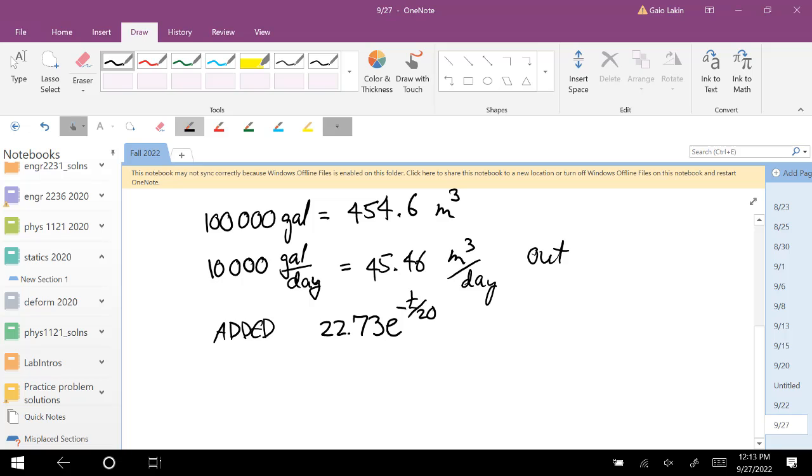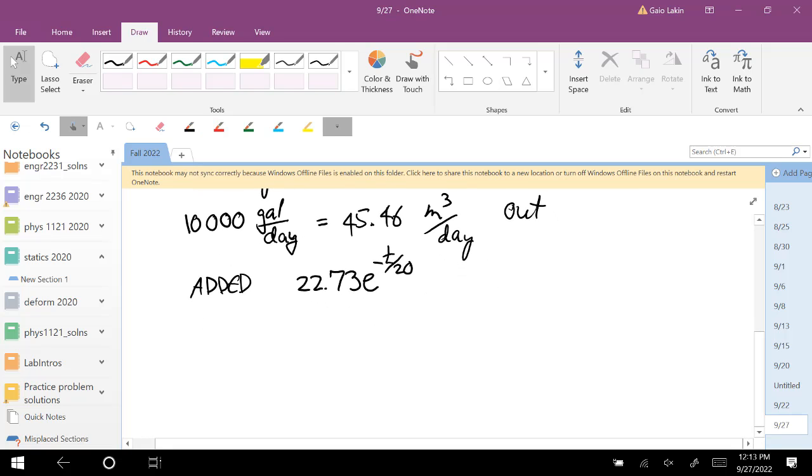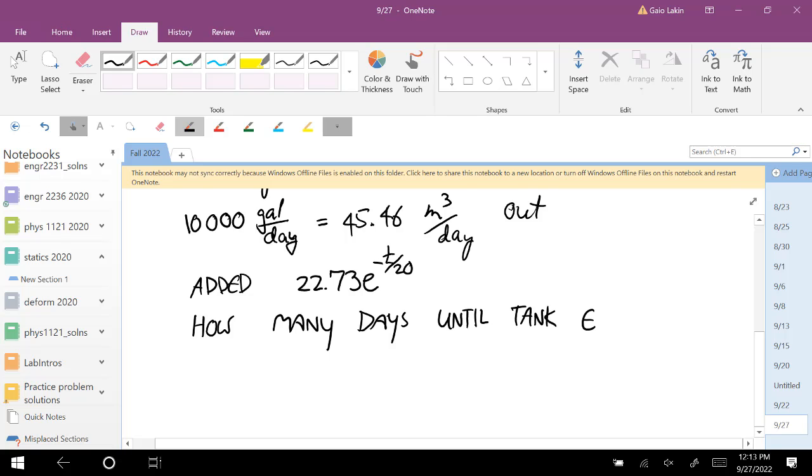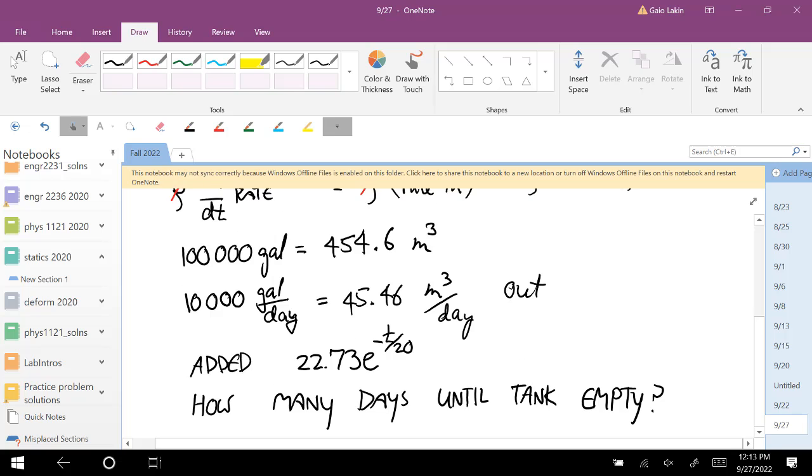That's in meters cubed, and the time is in days. So how many days until this tank is empty? This is the start volume.